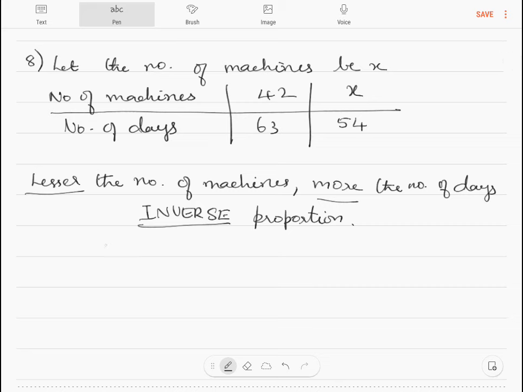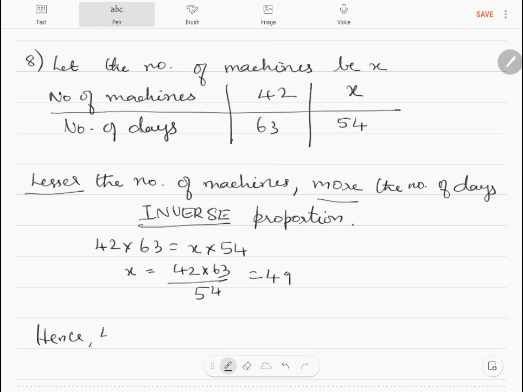So here it is 42 into 63 is equal to X into 54. X is equal to 42 into 63 by 54, which is equal to 49. Hence 49 machines would be required.